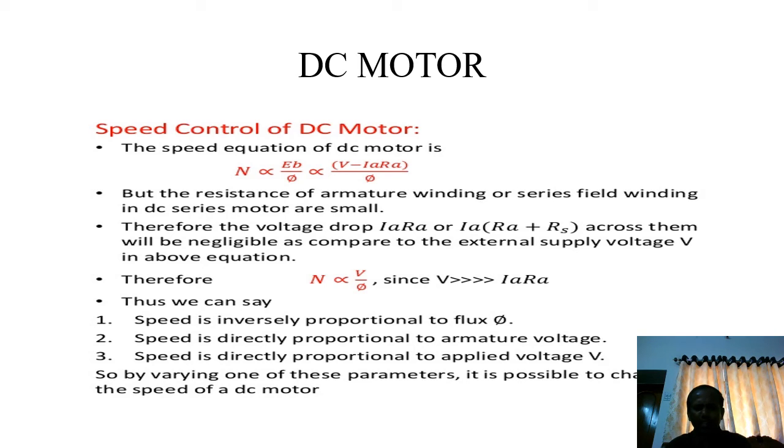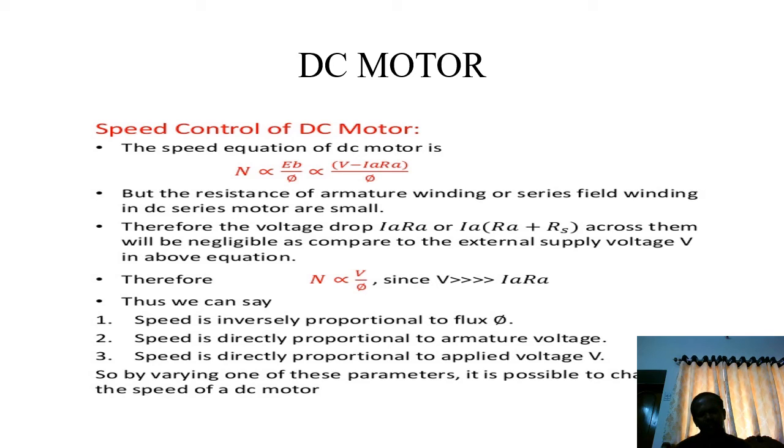Therefore, the voltage drop Ia into Ra plus Rs across them will be negligible as compared to the external supply voltage V. From the equation, N is directly proportional to V by pi because the voltage drop is negligible. Therefore, we can say that speed is inversely proportional to flux pi.